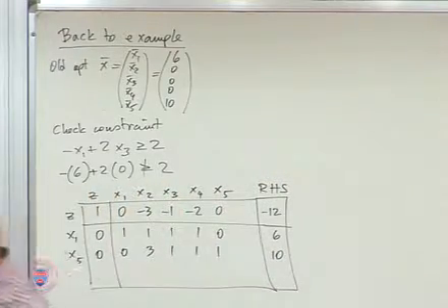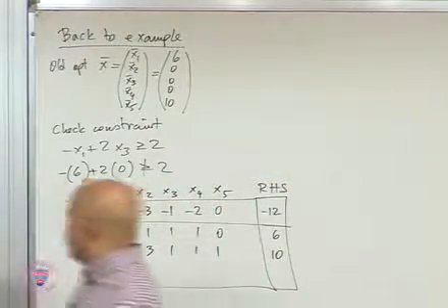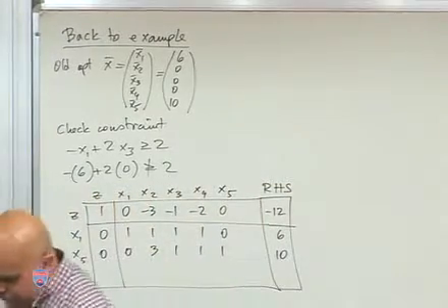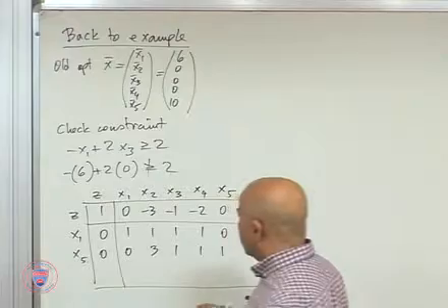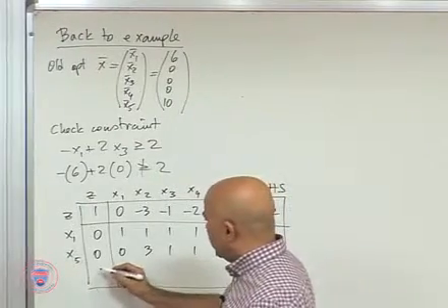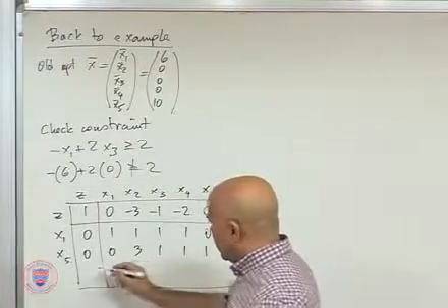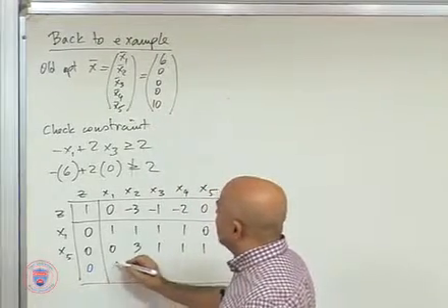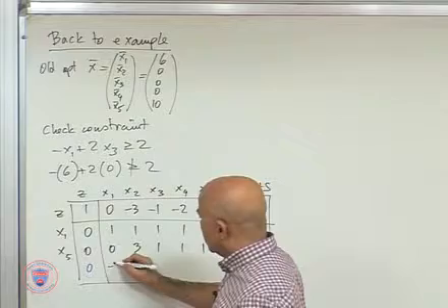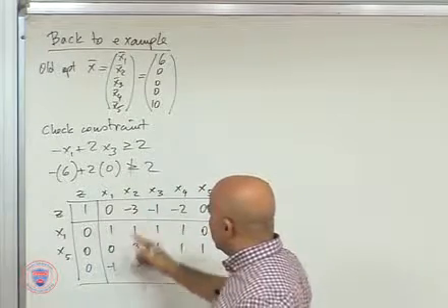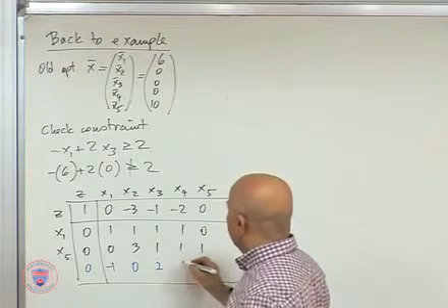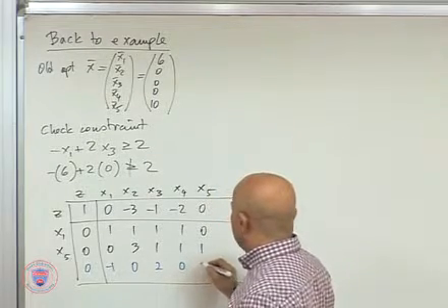Okay, so that's the old tableau. The new constraint has a coefficient of 0 for this one. x1 has a coefficient of minus 1. x2 has 0. x3 has 2. 0, 0.